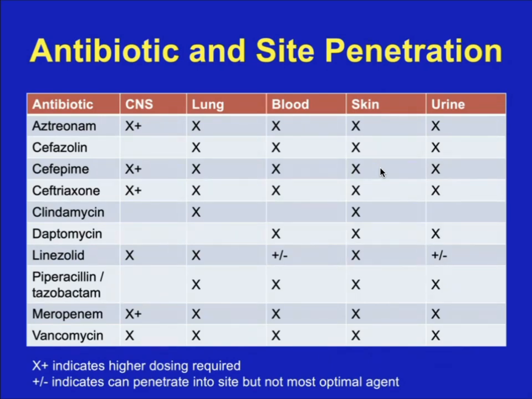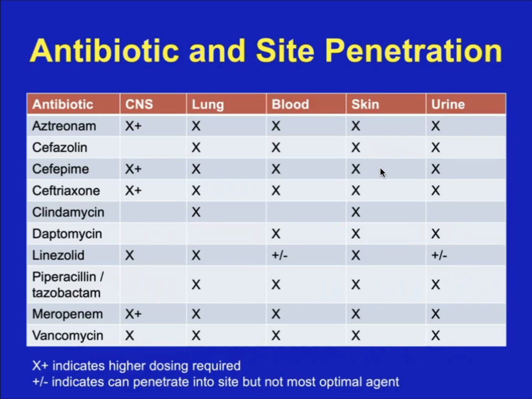A slide I have in this lecture and the next lecture is antibiotic site penetration. You notice that all antibiotics get in the skin, except for the one I mentioned earlier, the aminoglycosides, which do not get in the skin. It's easiest to study that, easy to get to market with that, and that's why most do. But there are certain things you have to remember, like clindamycin: no urine, no CNS.